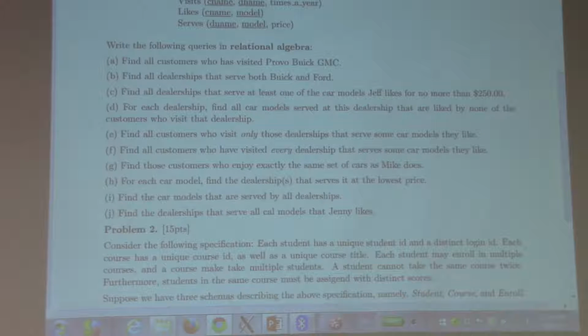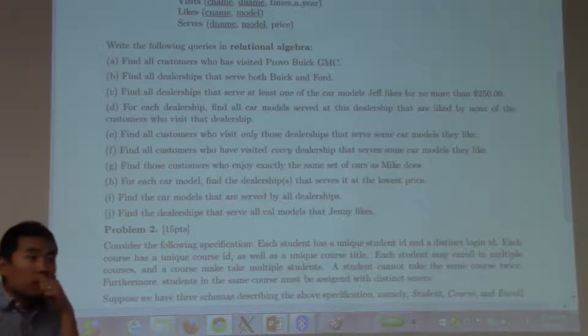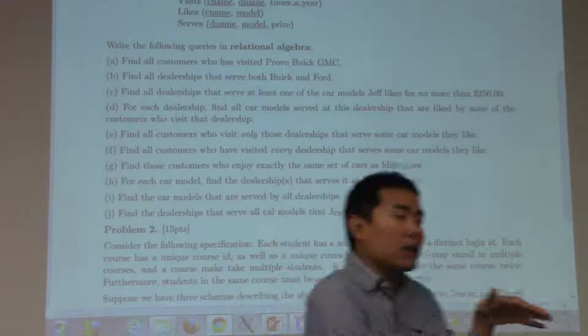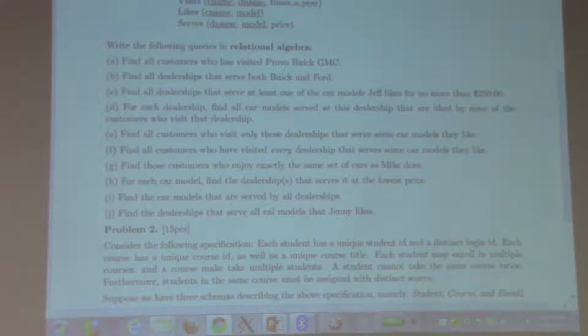But all customers who visit only those dealerships that serve some car models they like. So what it's asking here is you need to find the customers who visit at least some dealership that serves some car he or she likes.